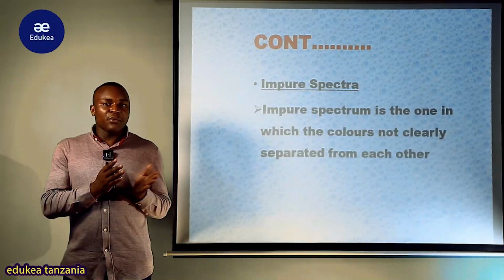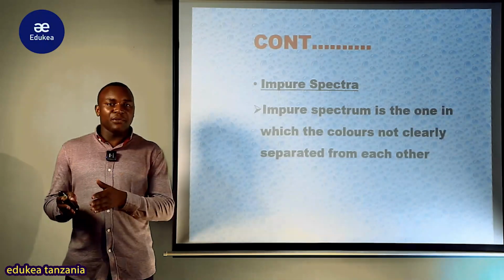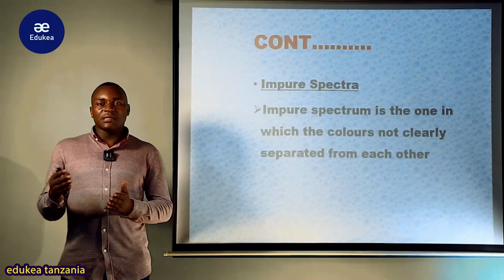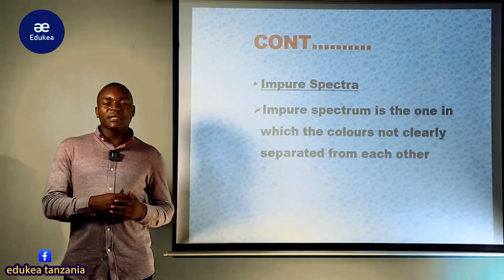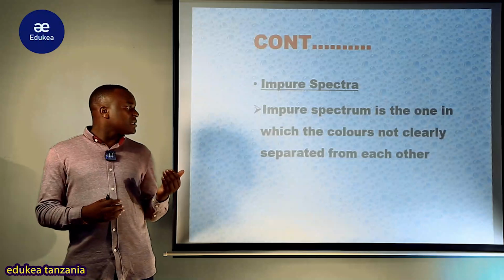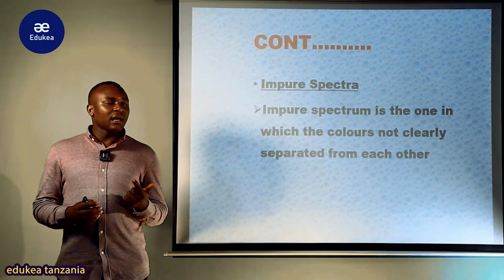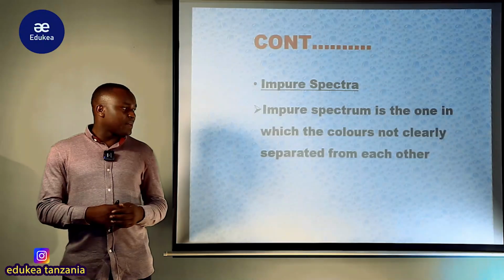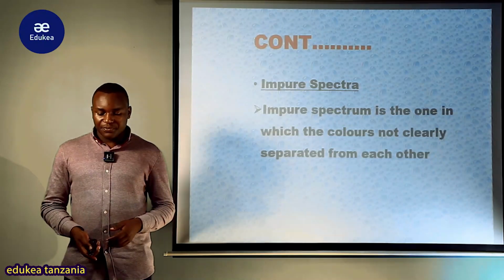Huo ndo utofauti wa pure spectra pamoja na impure spectra. So in a pure spectrum zile colors ziko clear separated, lakini impure spectrum ni aina ya spectrum in which the colors are not clearly separated from each other.